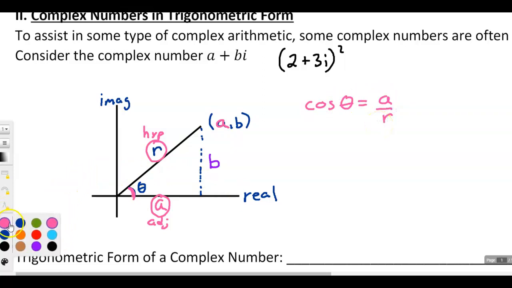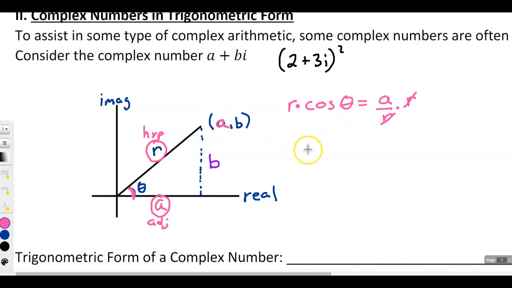And if I just want to have a by itself, because I'm trying to find out what a equals, by the way, if you ever hear "write in terms of a," that means get a equals. So in terms of a means get a equals, which you might have to solve for. In this case, multiply both sides by r.